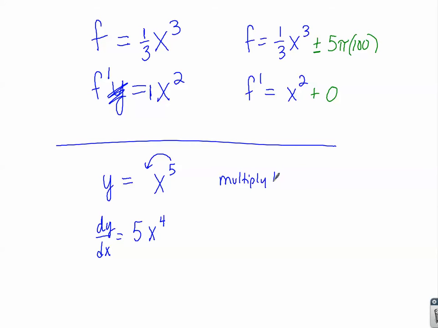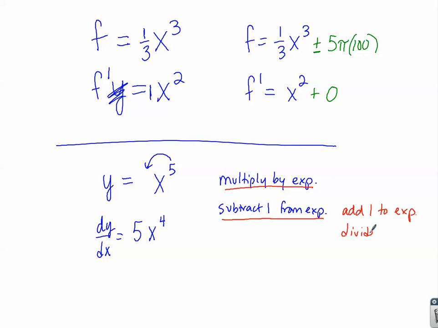Multiply by the exponent, and then subtract 1 from the exponent. Let's do our process exactly backwards. So exactly backwards would be this step first, add 1 to the exponent, this step next, divide by the exponent.